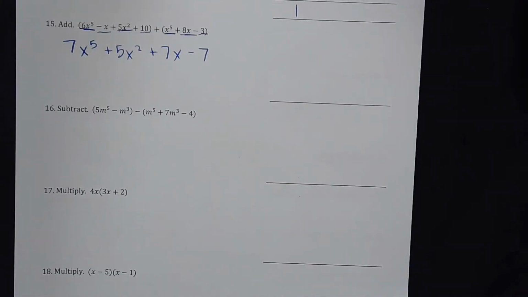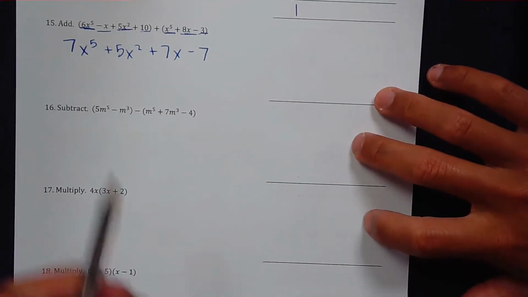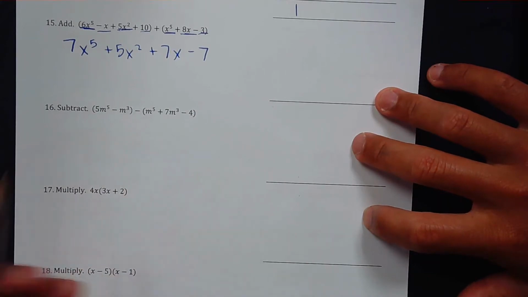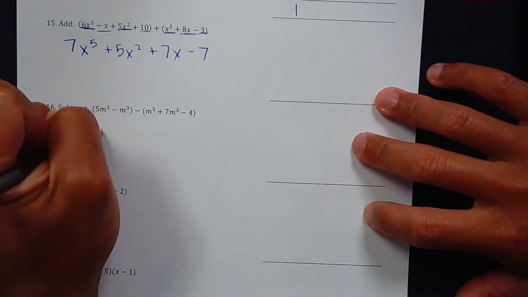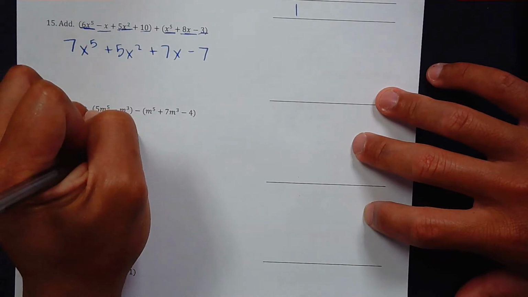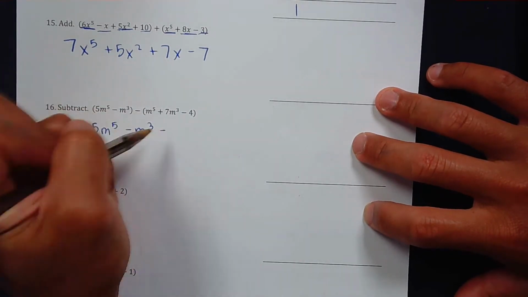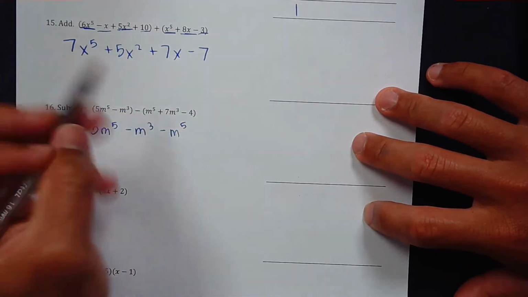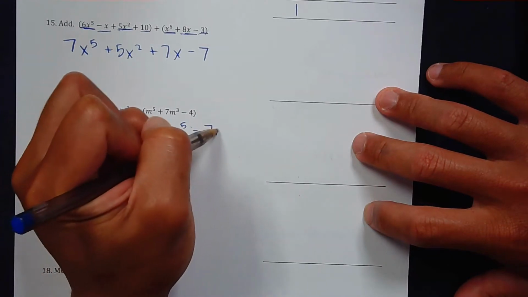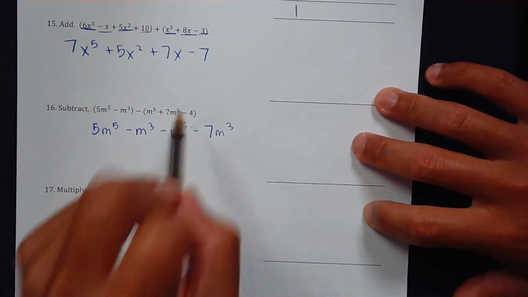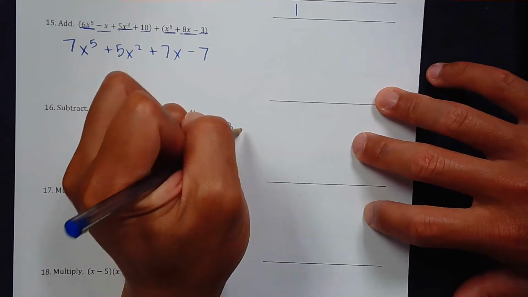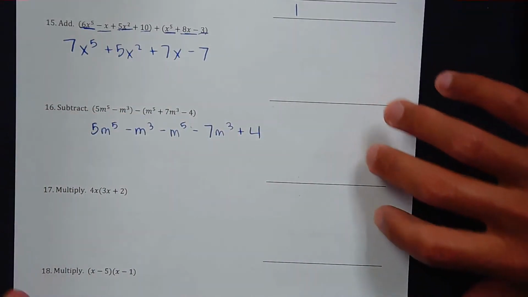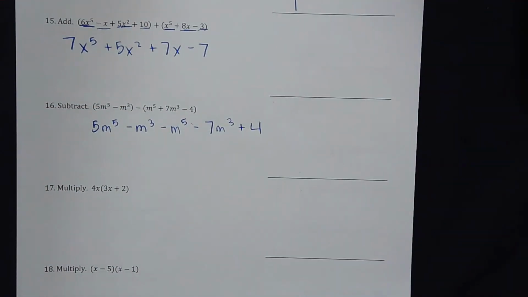All right, with subtract, very similar, but remember when subtracting, we have to go ahead and distribute this negative to each of these. So let's just go ahead and rewrite this out. 5m squared minus m cubed minus m to the fifth minus 7m cubed, and then this negative turns into a positive, so plus 4. All right, then we go ahead and combine like terms. Same thing as we did with problem number 15.